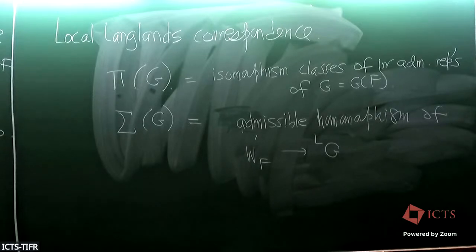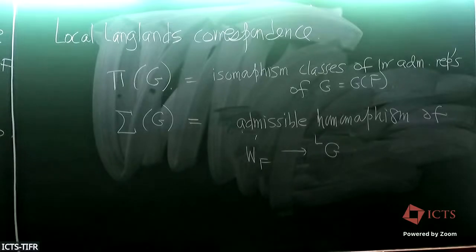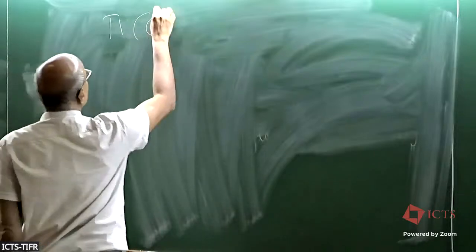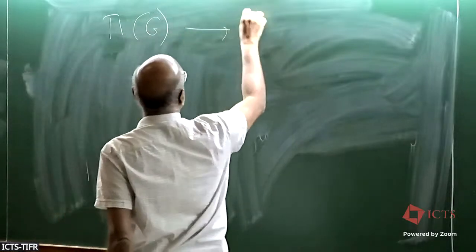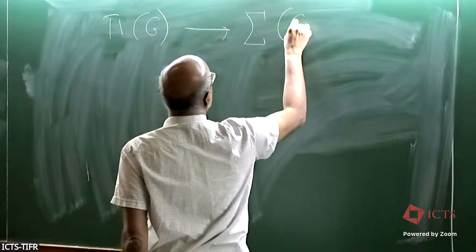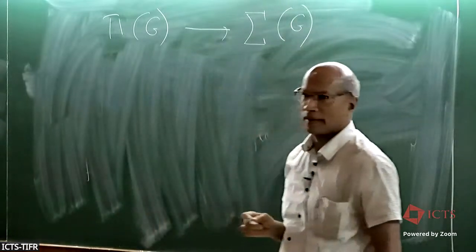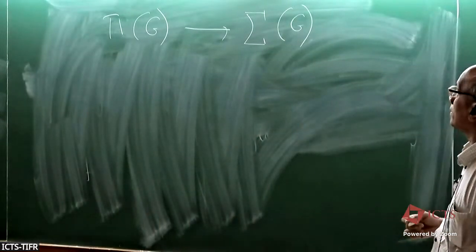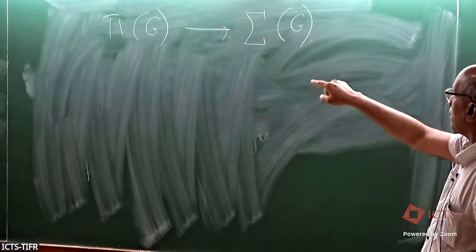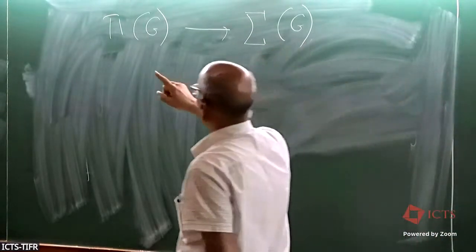So what the local Langlands correspondence conjectures is a mapping from representations to parameters. This mapping is supposed to be surjective and finite.